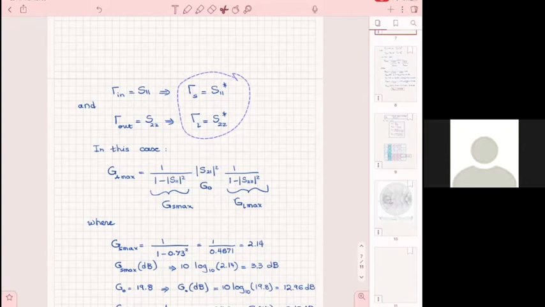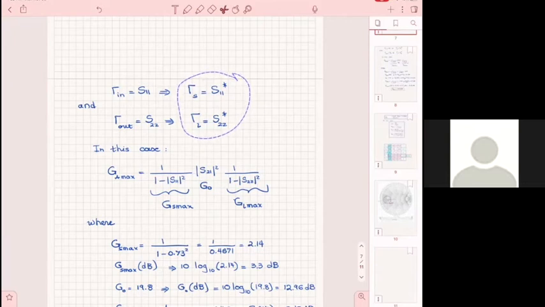But most of the time, the load is not 50 ohms, it's something different. And people will come and tell you that for a given load, whatever load they give you, I want my VSWR to be less than 1.2, for example.